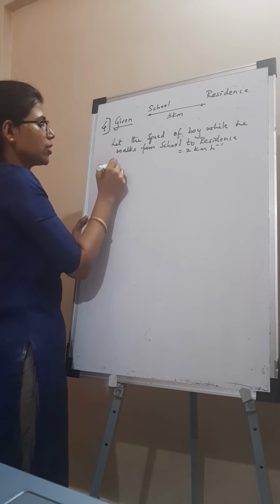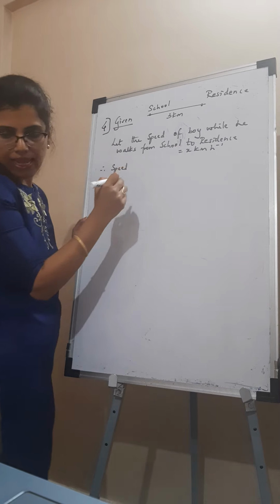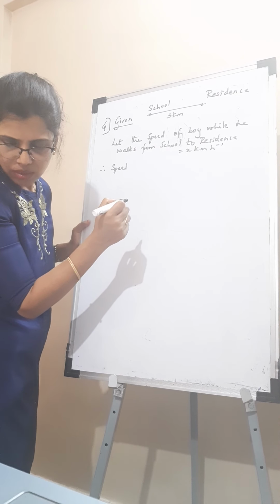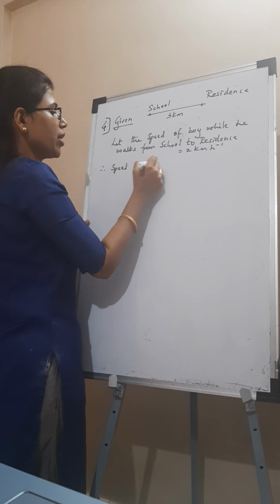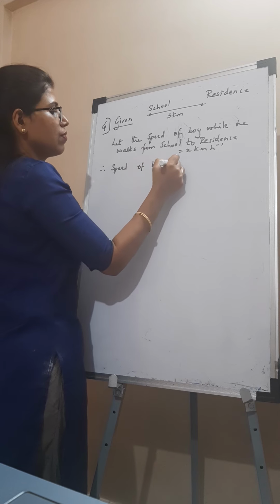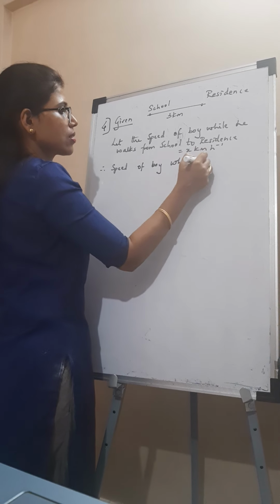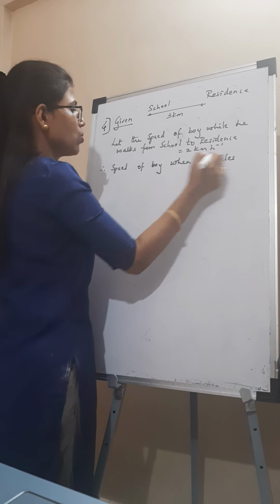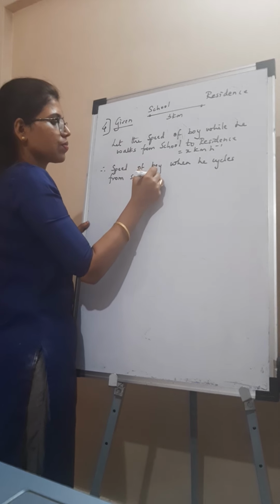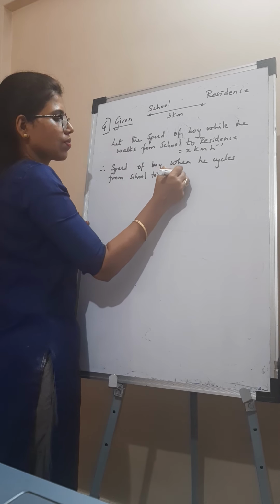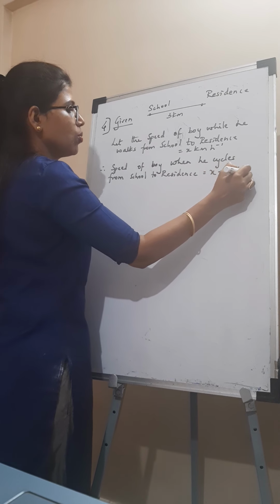Therefore the speed of the boy when he cycles from school to residence is equal to x plus 10 kilometers per hour.